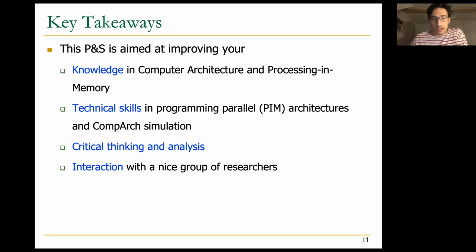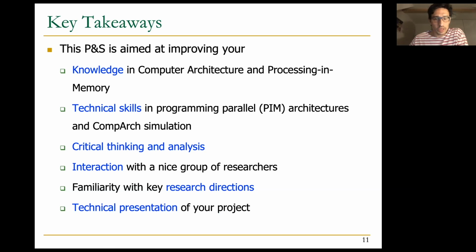For sure, we will help you all the time. We are planning to have weekly meetings with you, and even more if it's necessary, and you will get a lot of help from us. In some way, we are considering you during this semester part of our research group, and you will be, in fact, involved in actual projects of our research. And you will be familiar with all these research directions, as I was saying.